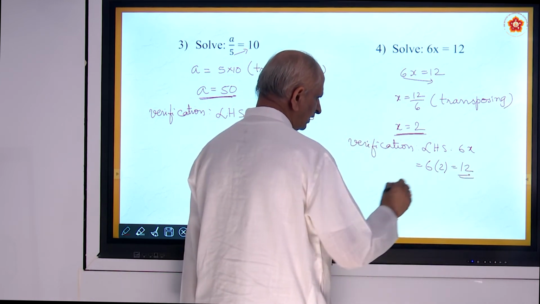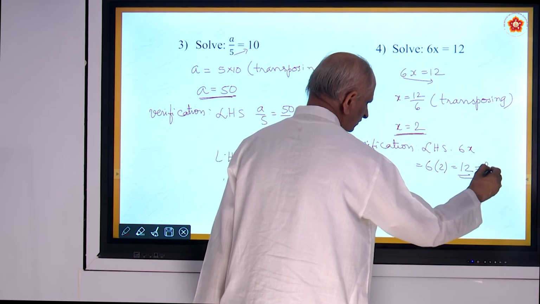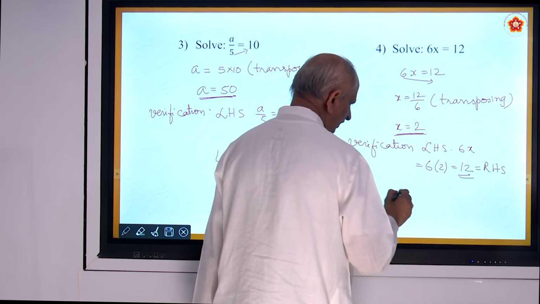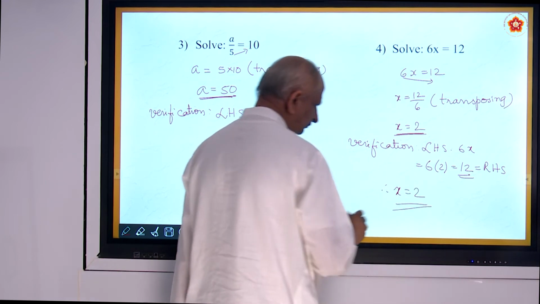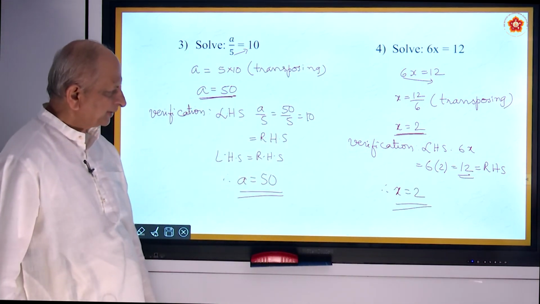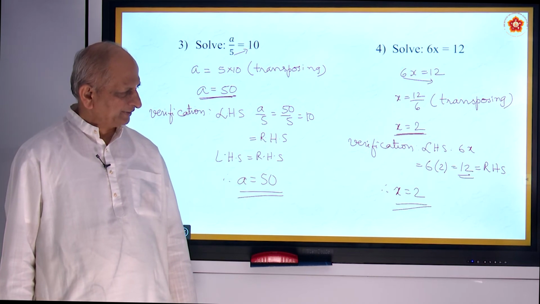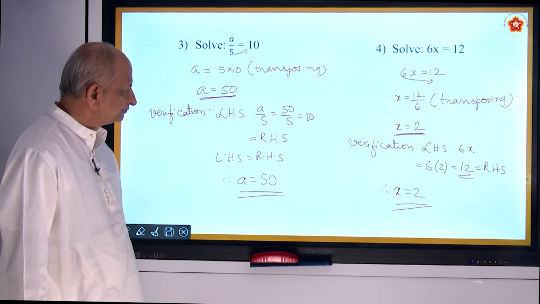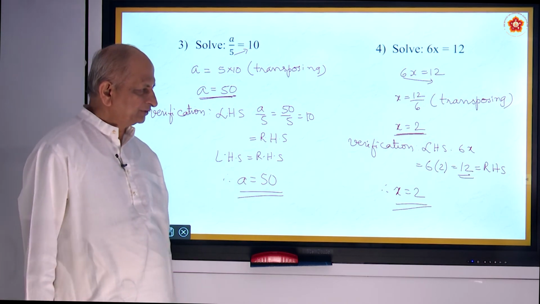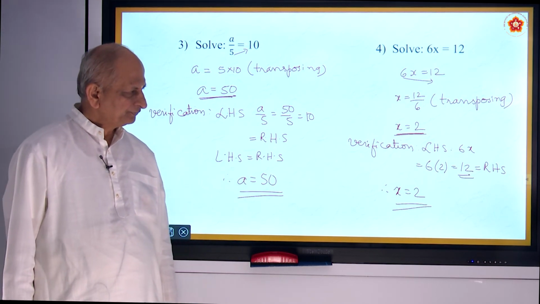And that is the right hand side. So the equation is correct. Therefore x is equal to 2 is the correct answer. As left hand side is equal to right hand side, the value of x equal to 2 is the correct answer. Understood? Noted?